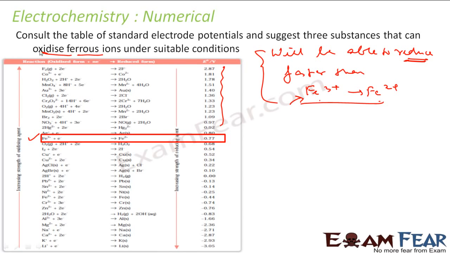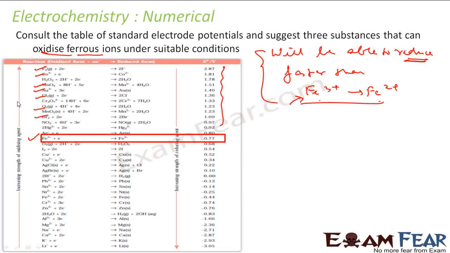For example, fluorine, chromium 3, MnO4-, Au3+, or bromine, or chlorine, oxygen. These are my examples of substances that can oxidize ferrous ions.